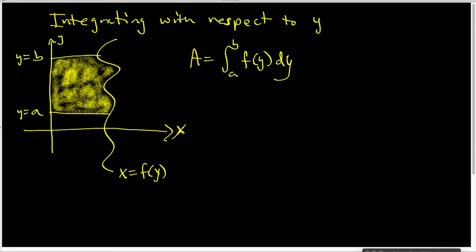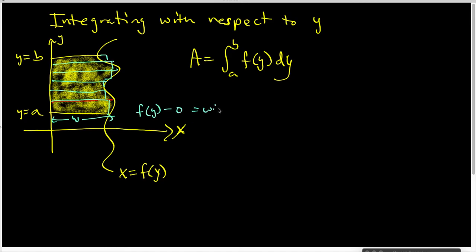And one way that we can see this is if we thought about drawing rectangles. Our rectangles would look like this. I would be picking samples of rectangles like this, but the width of the rectangles would be positive because the width of the rectangle would be f of y minus 0.